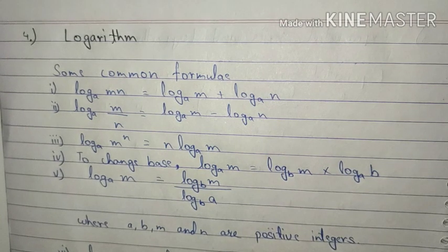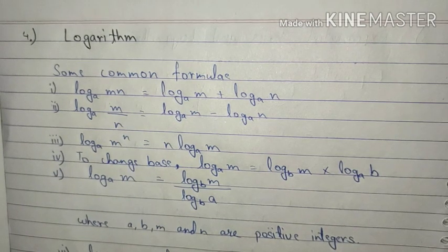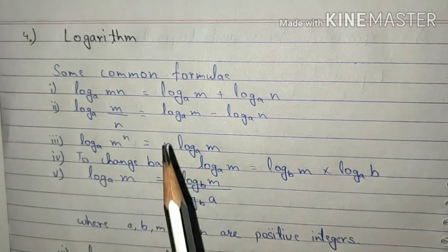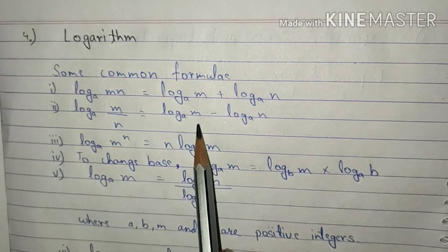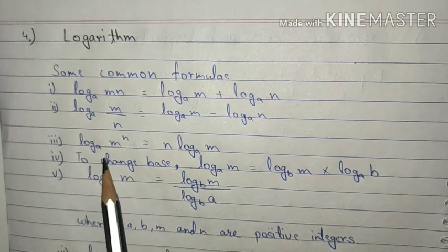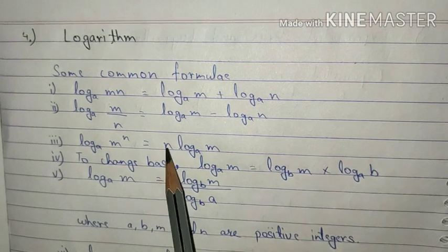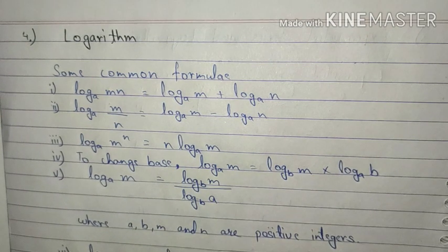In the same manner, log to the base a of m upon n can be written as a difference of log to the base a of m minus log to the base a of n. Log to the base a of m raised to the power n can be written as n log to the base a of m.